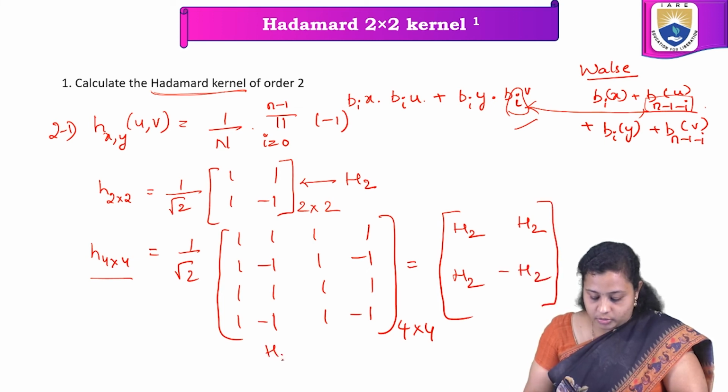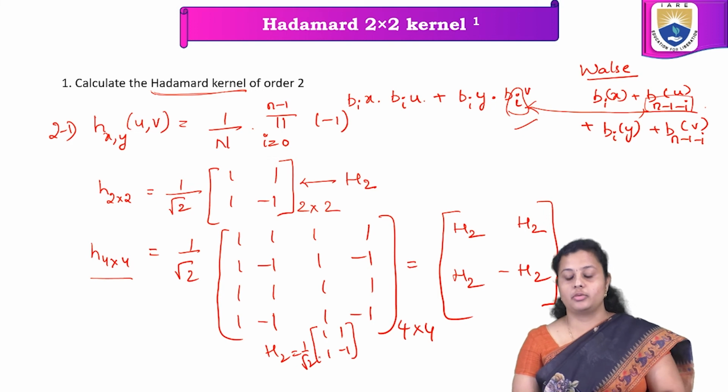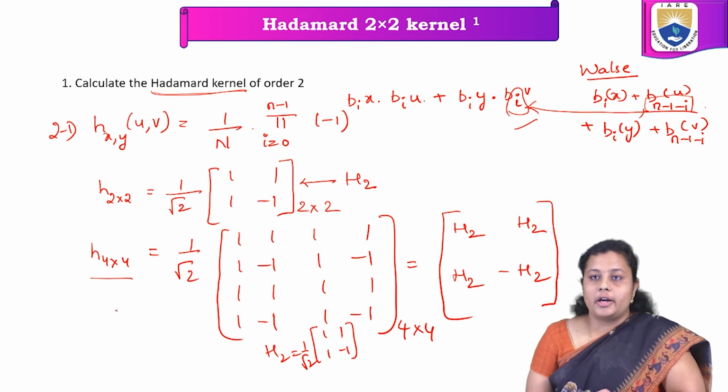where H2 is equal to [1 1; 1 minus 1], multiplied by the scalar 1 by square root of 2. So the Hadamard equations, the kernel functions, can be recursively found out from order 2.